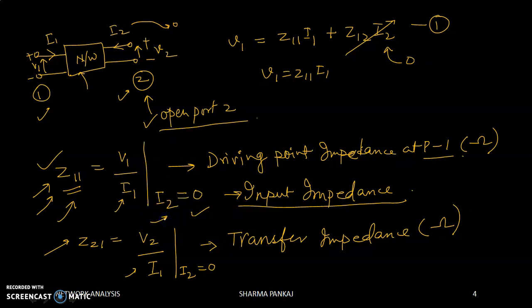Similarly, to determine the value of Z21, we ensured that it is determined only at the condition when I2 is 0. Why is I2 0? Because we have chosen port 2 to be open. When port 2 is open, voltage will exist. Of course, open circuit voltage always exists.